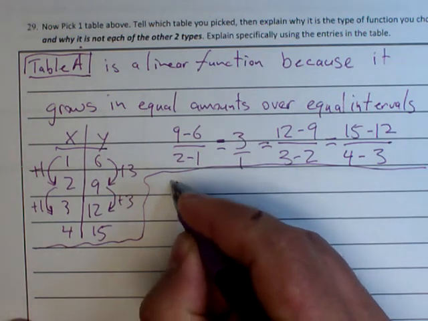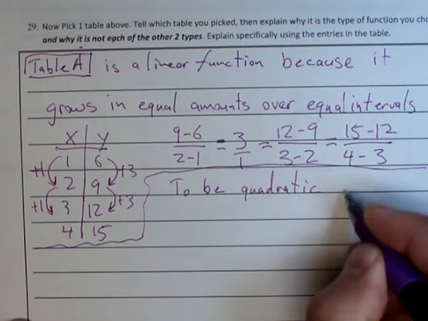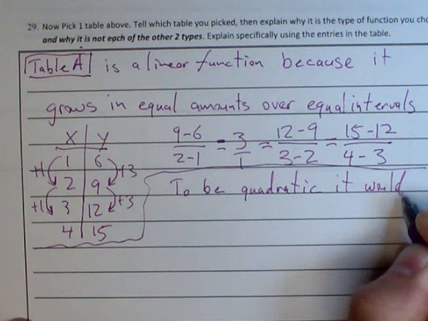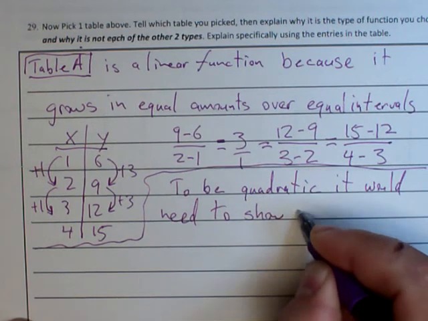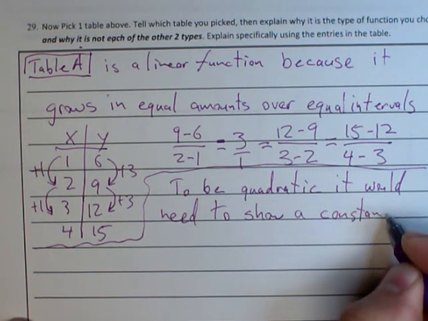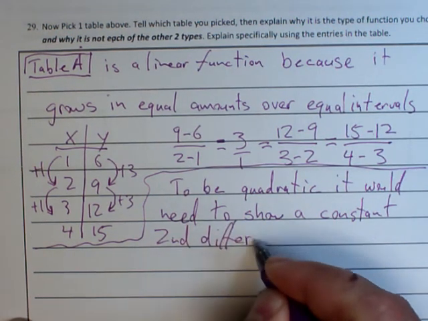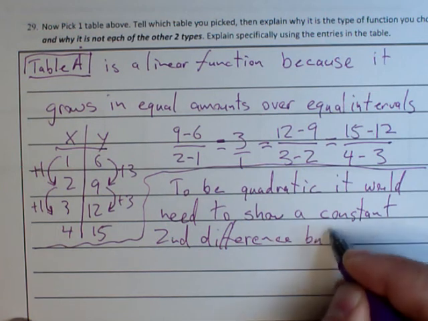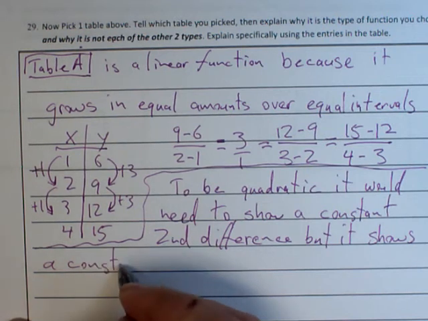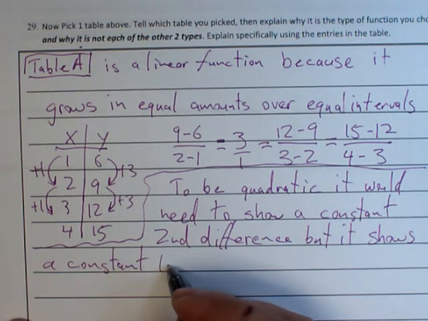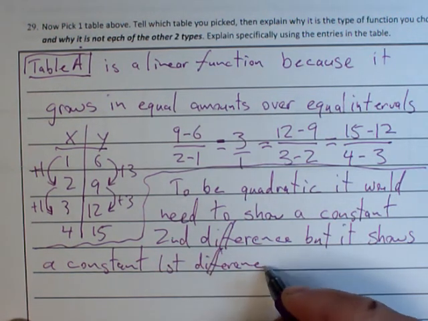So to be quadratic, it would need to show a constant second difference, but it shows a constant first difference. So that's why it's not quadratic.